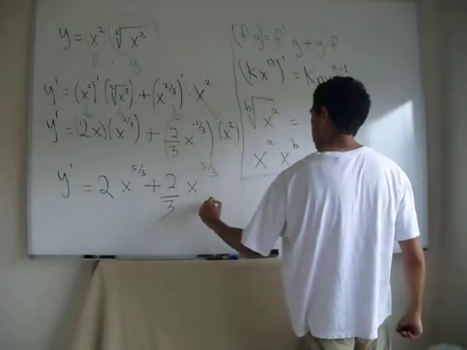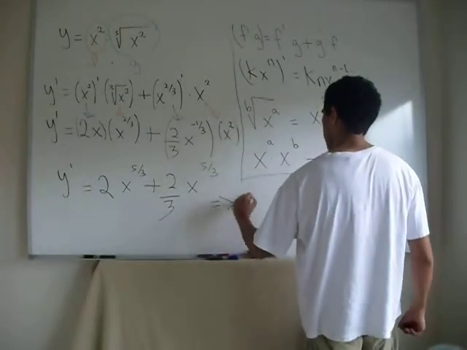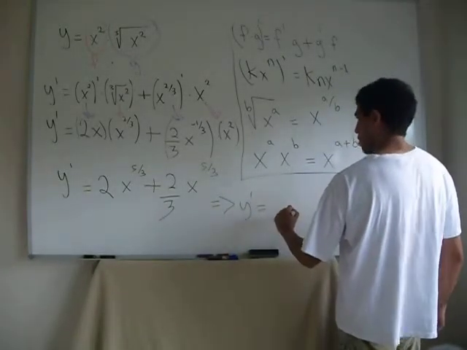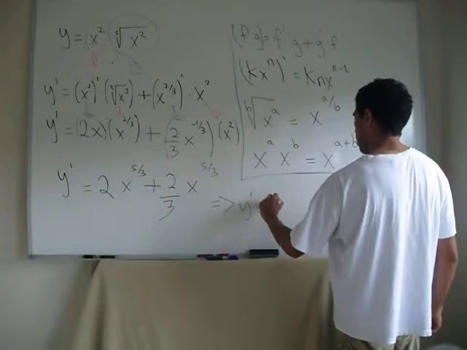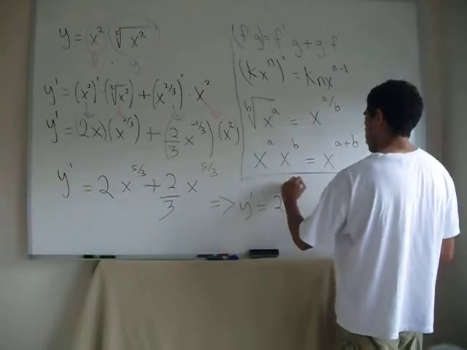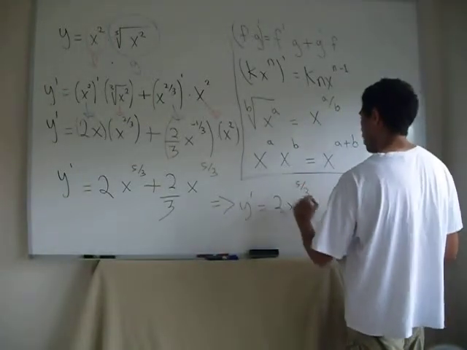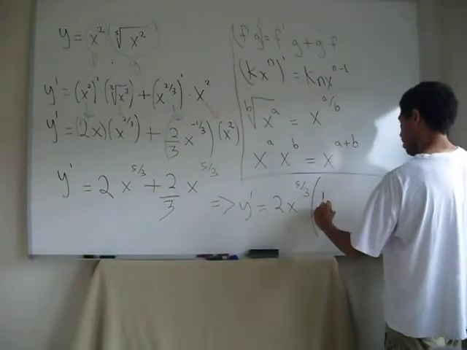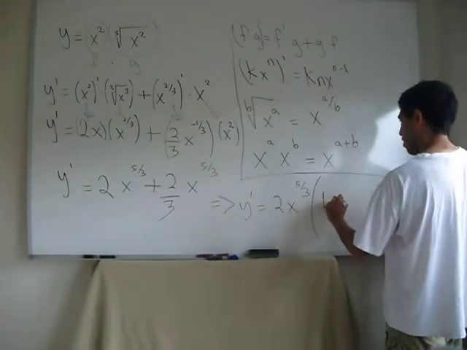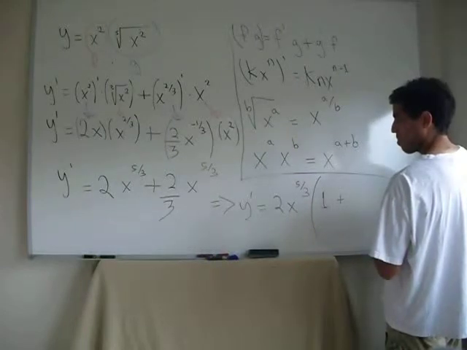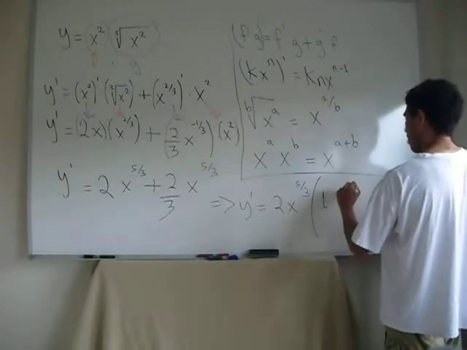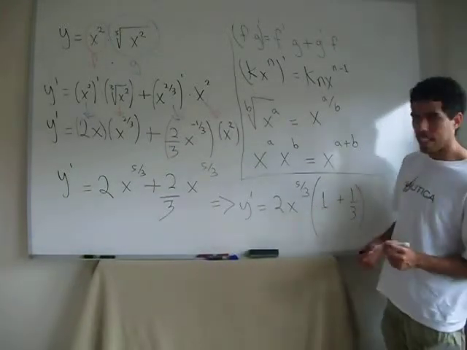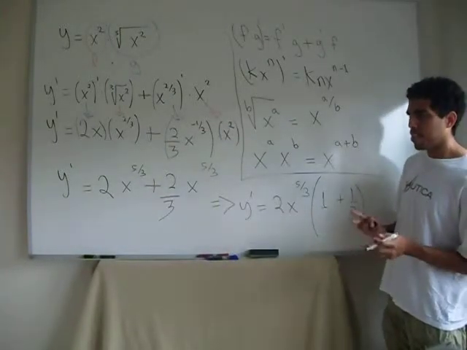y prime equals, we can do 2x to the 5/3 common factor of 1 plus 1/3. Right? No, but that sounds kind of fuzzy too.